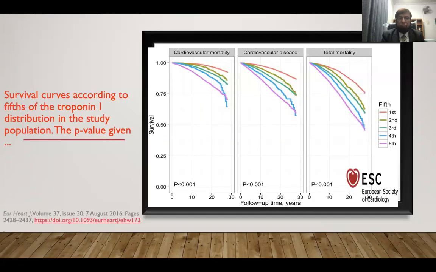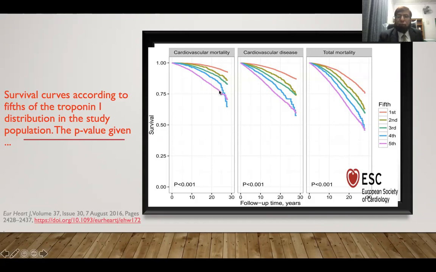And from the same study, it shows that if we divide the troponin I into quintiles, in the highest fifth the survival was very poor, and in the lowest fifth it was quite good.